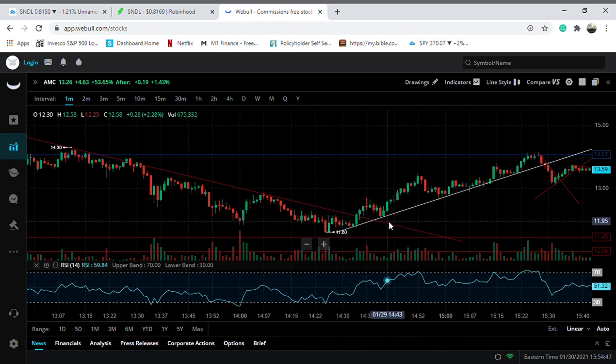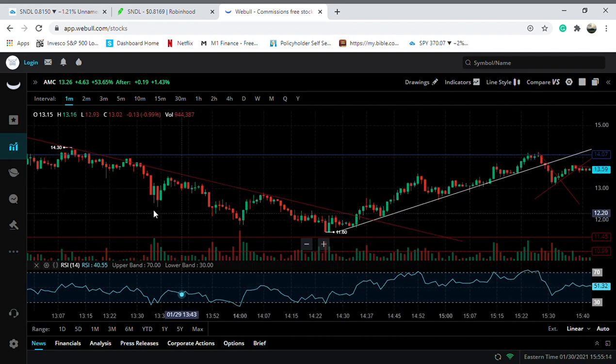Once it broke this part right here, this red line, and it broke above, this is your confirmation, an indication that's going to tell you, okay, hey, we're in a bull market now. Let's go ahead and start buying shares, right? Or depending on what you're investing in, if you're in it long term, you would have bought pretty much all the way down, right? You would have kept on buying, and then once it came up, you would have made profit.